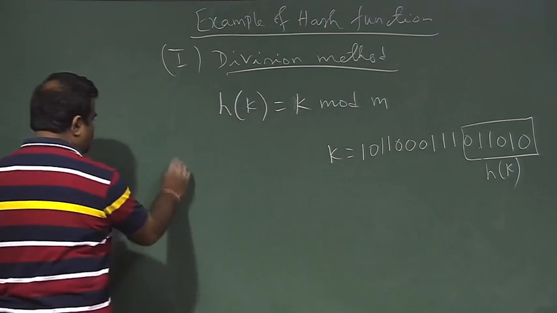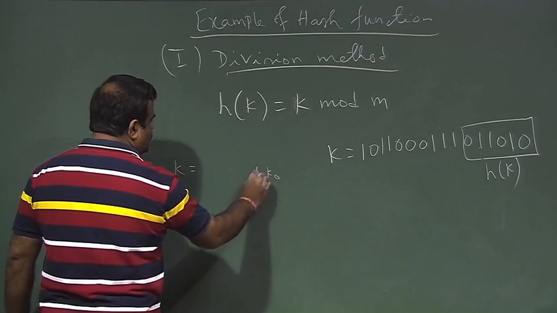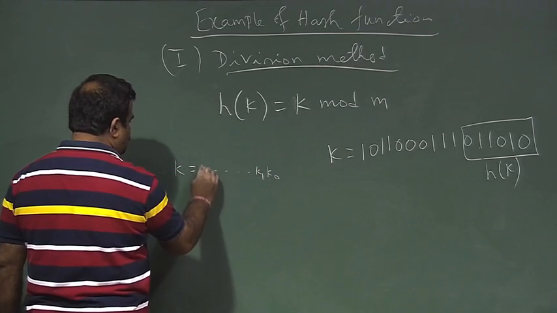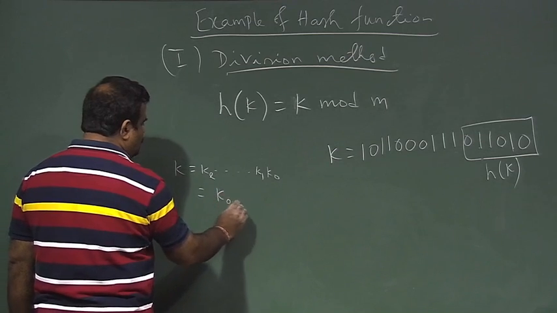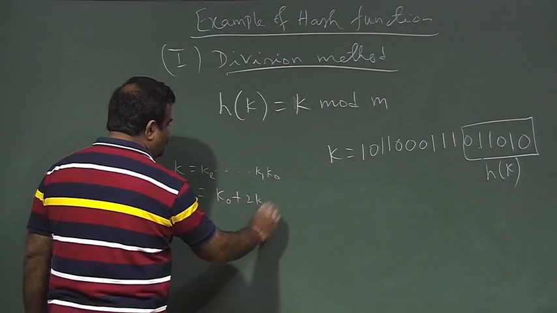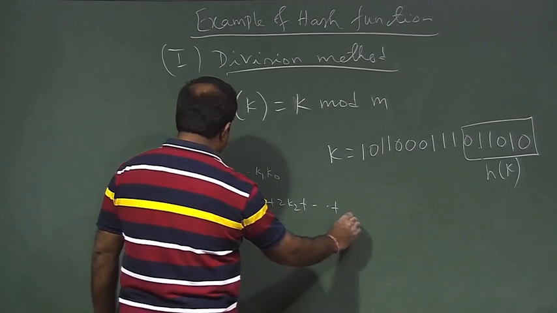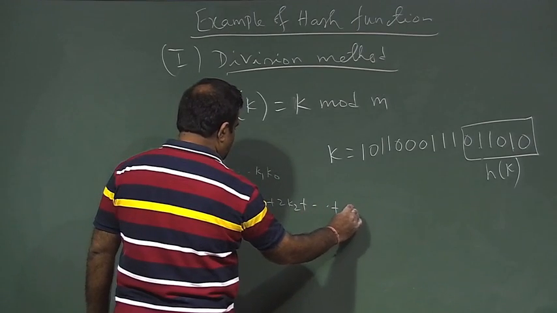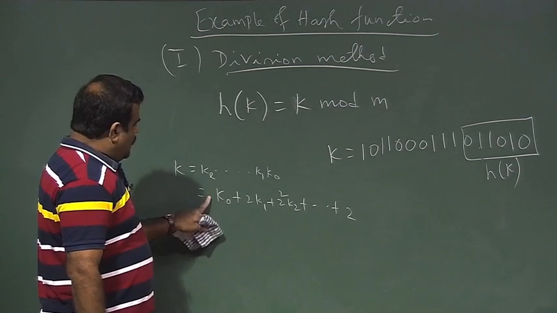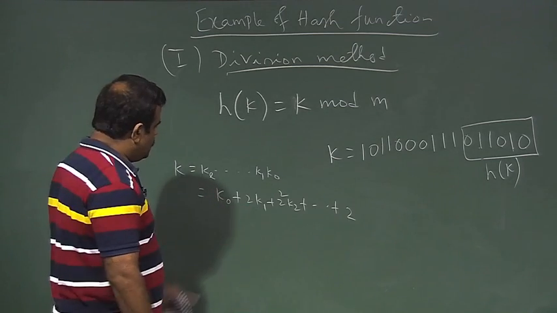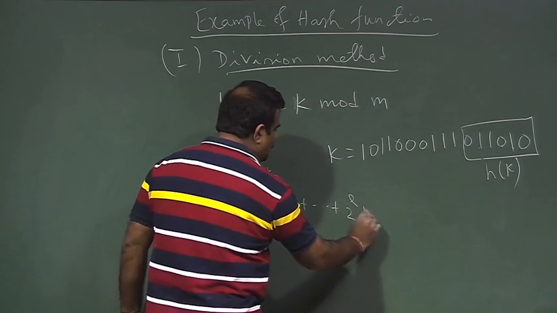If k is say k0 k1 dot dot dot kl, then this is basically k0 plus 2 k1 plus 2 square k2, this is binary, dot dot dot, plus 2 to the power l kl.